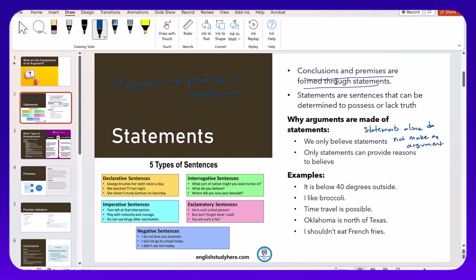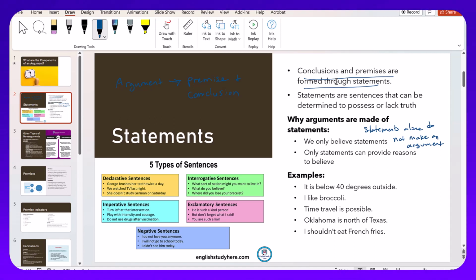All right. Now, statements are important though in making it up, because statements are what provide the reasons to believe, right? Whether something is true or not. And so the key with statements is identifying a statement. We're going to see this in all of the areas we're looking at today.